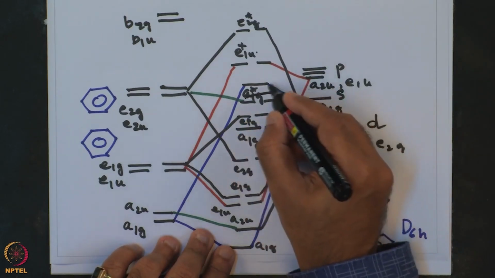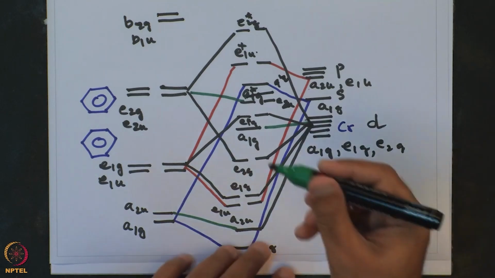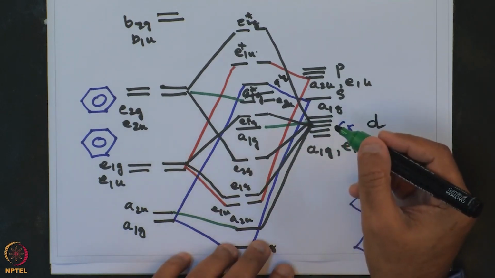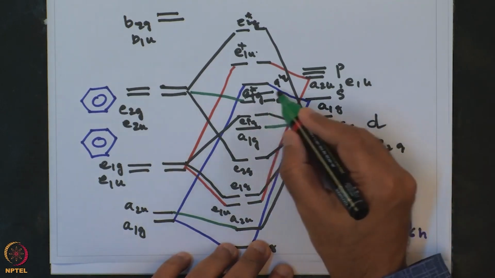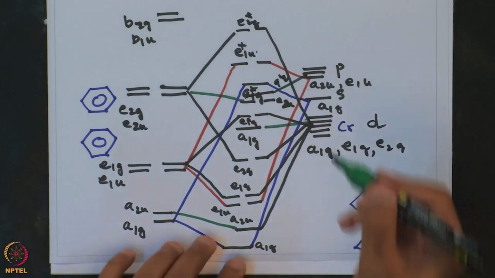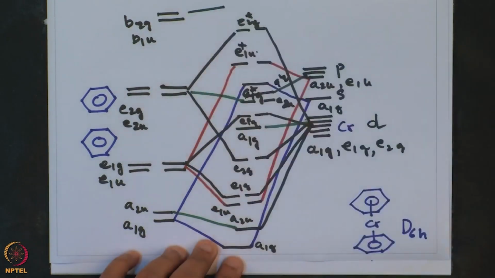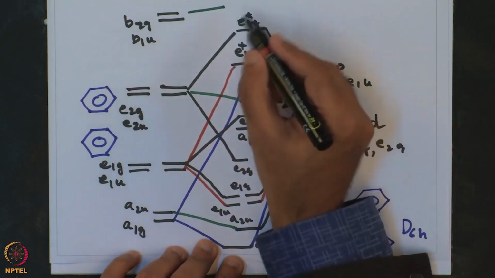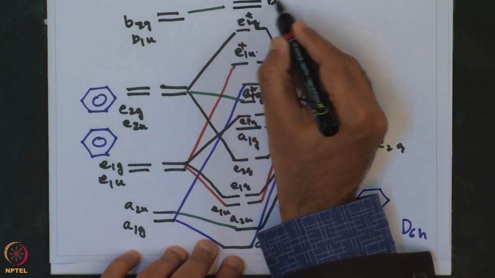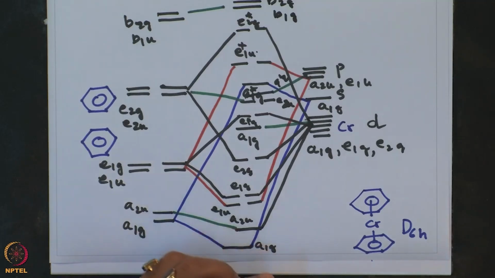Somewhere here, A2u, that is a non-bonding orbital, which is somewhere here, and these orbitals B2g and B1u remain unaffected.